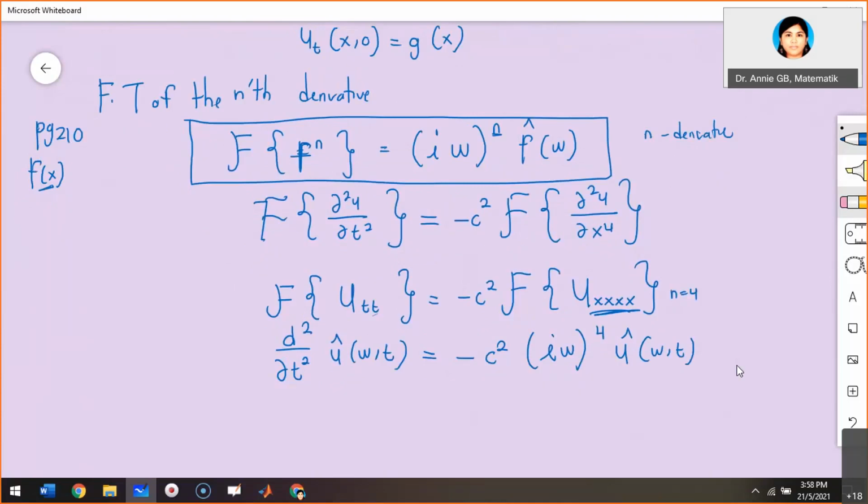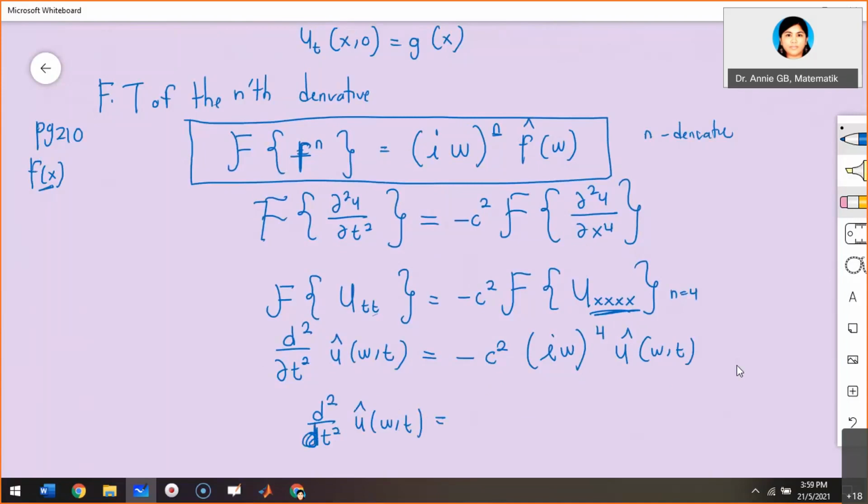Okay, now simplify. So this is continue, d squared over dt squared, bukan partial, u hat omega t, okay, i to the power 4. i squared is negative 1, right? So i to the 4 will be just 1.